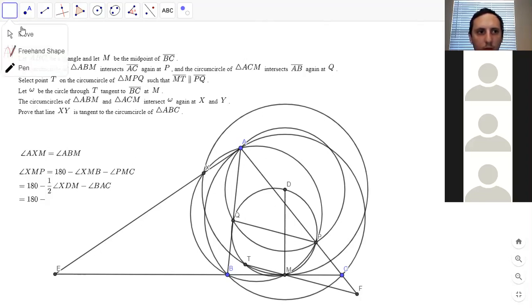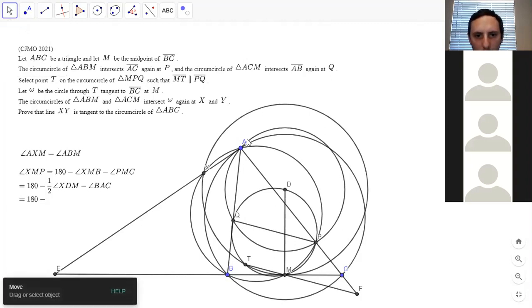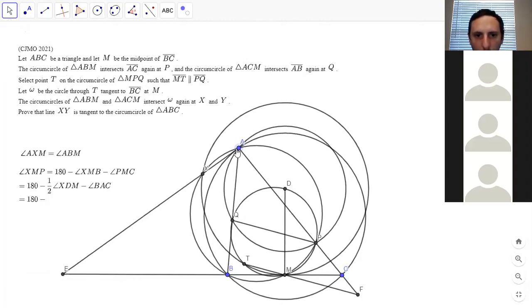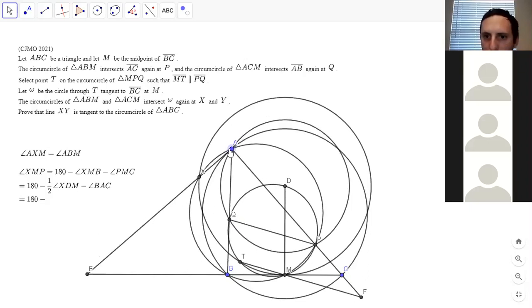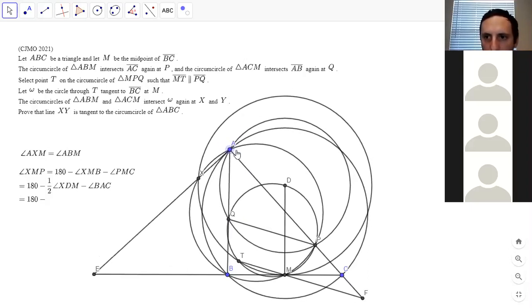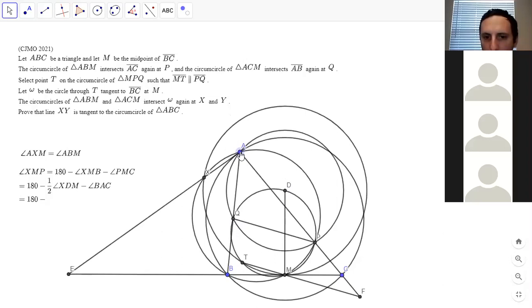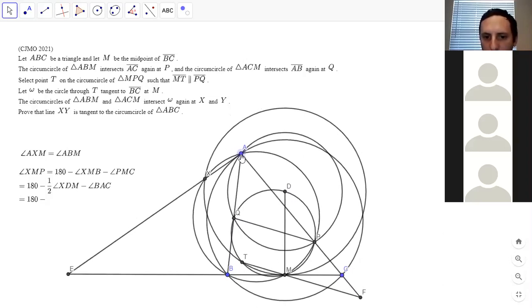But we know that DQ equals DP. So basically, we can use an angle chase to show that angle QDP. Oh yeah, okay. I guess it's not.